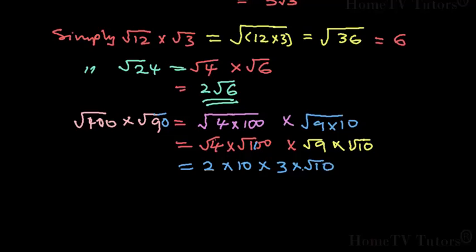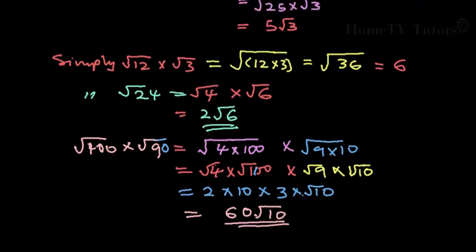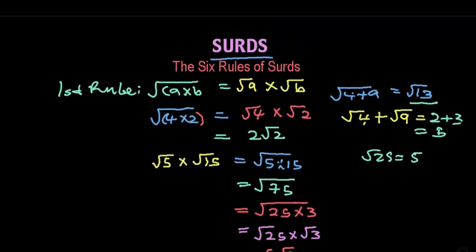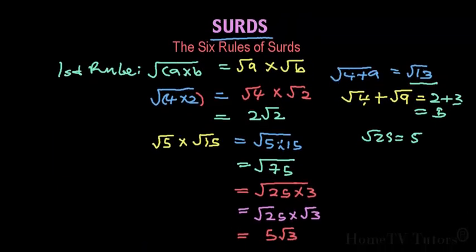Alright, so let's multiply these. 2 times 10 is 20. 20 times 3 will give us 60. So we have 60 square root 10. Good. We cannot simplify any further. So you can clearly see the application of the first rule.